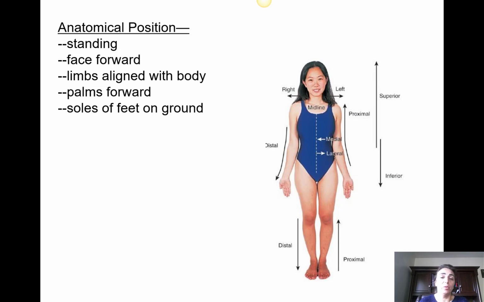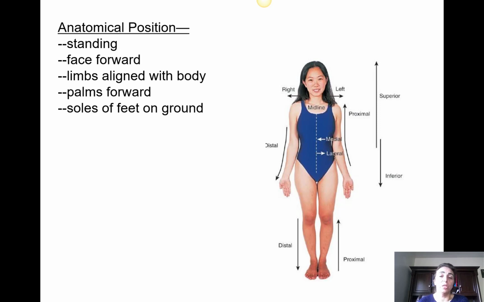And the important thing is that no matter in which position the body is located right now, we are considering the body as this figure that you see in front of you, standing on the feet, arms next to the body, face forward, palms forward, soles of the feet on the ground.